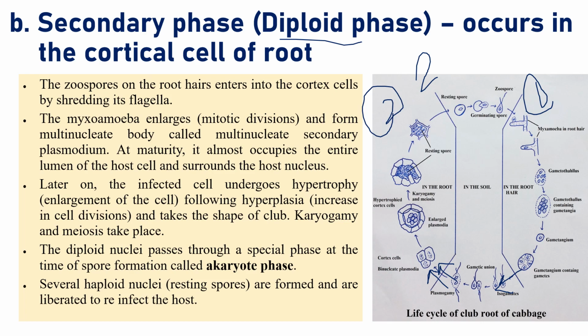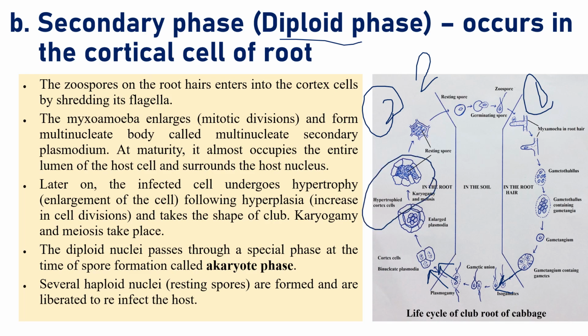After mitosis, this multinucleate plasmodium becomes the multinucleate secondary plasmodium, and wherever this secondary plasmodium is produced, it starts to produce various kinds of growth hormones. That is the reason hypertrophy and hyperplasia happen.